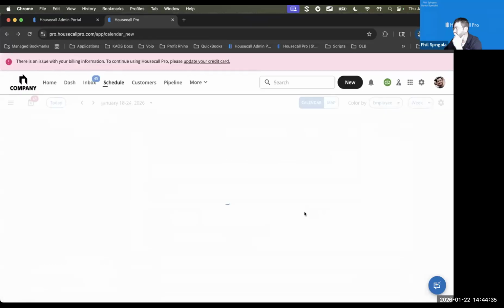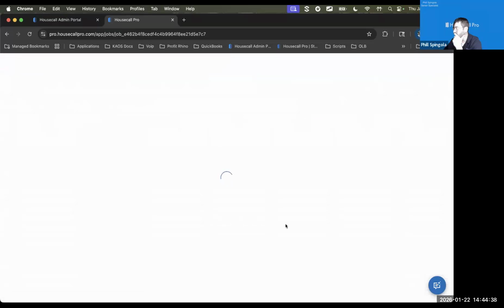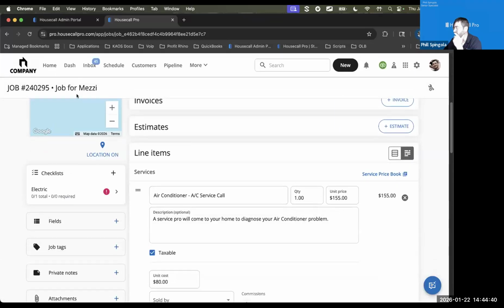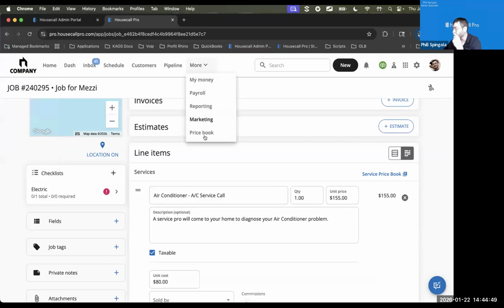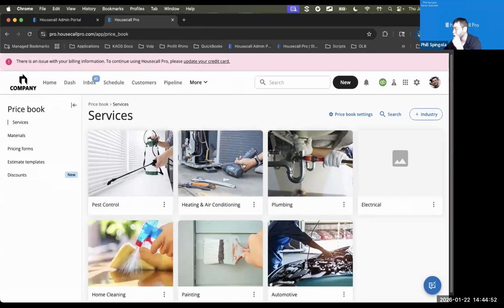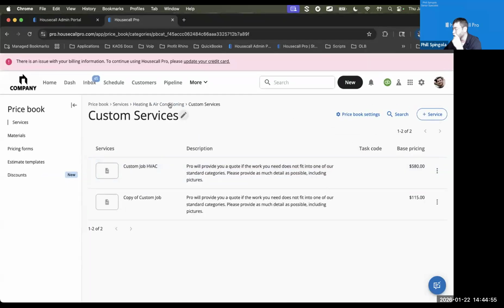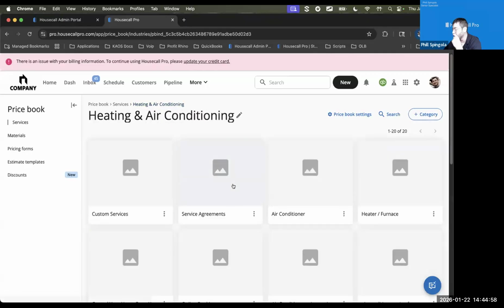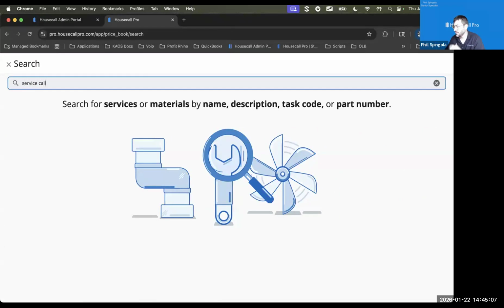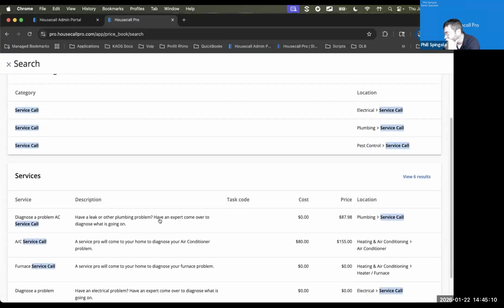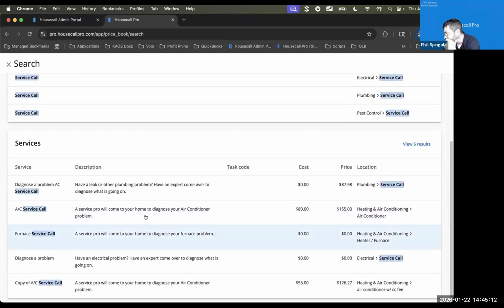This one's for 150. This one's also for 155. Okay, so we have our recurring job with our service listed at 155. Now if I go into my price book, AC service call, yeah, 150.